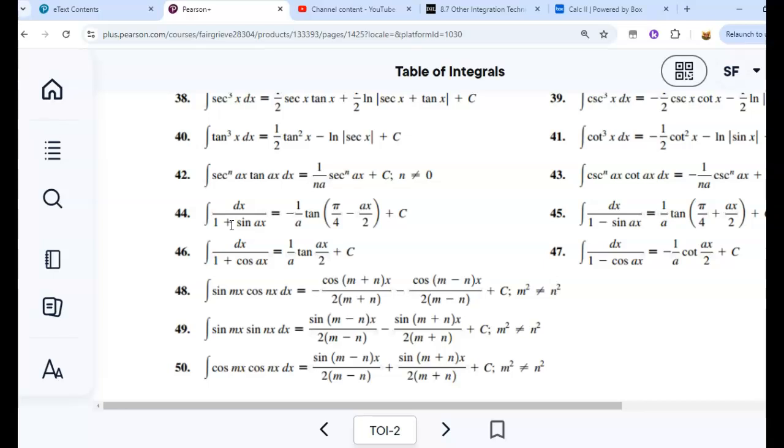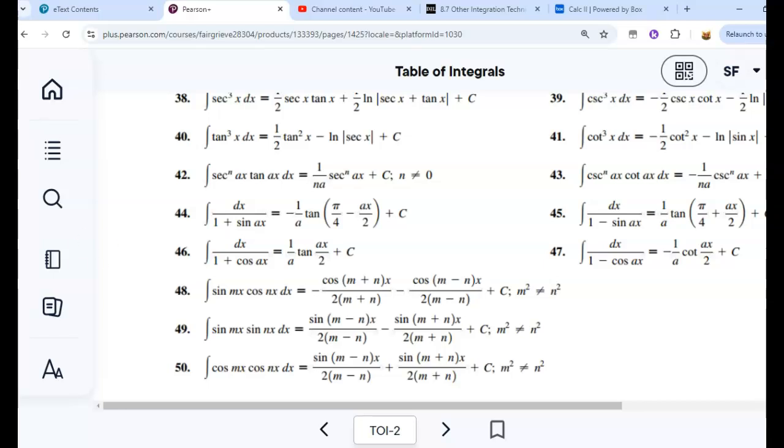We're taking formula number 44, integral of dx over 1 plus sine ax, and that tells us it's equal to minus 1 over a times the tangent of pi over 4 minus ax over 2 plus c.